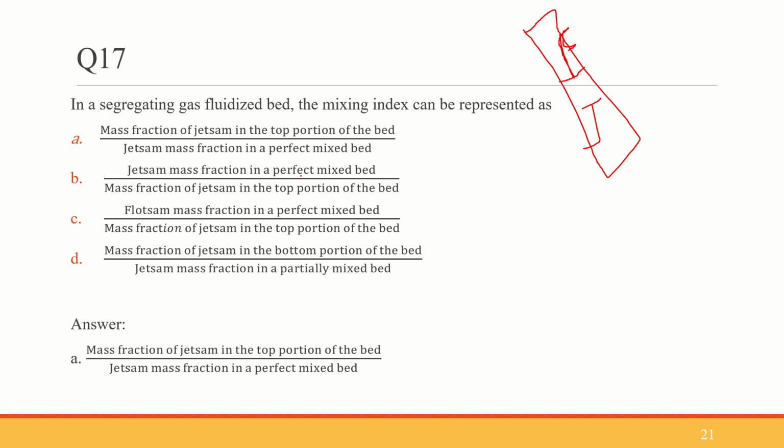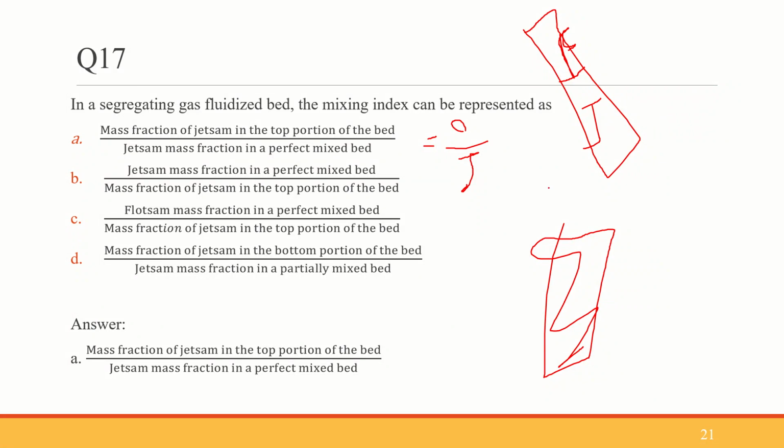Mass fraction of jetsam in top portion of the bed becomes 0, because in the top portion jetsam is not present. And for the jetsam mass fraction in a perfectly mixed bed, jetsam is equally distributed throughout.